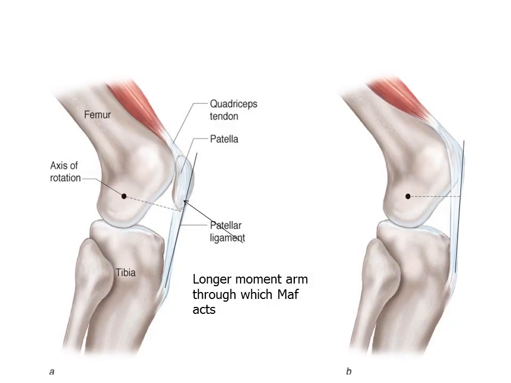Well, with manual muscle testing of the quadriceps muscle, because of the patella and the mechanical advantage that the patella provides, we may need to place that joint in a position of mechanical disadvantage in order for our strength, in other words, the resistive force applied by you, the doctor, to be able to come close to matching the strength of the quadricep muscle as it acts through a joint that has an advantageous mechanical advantage.